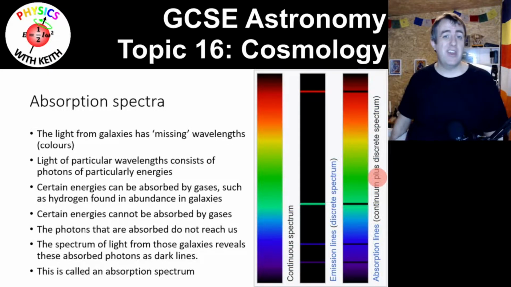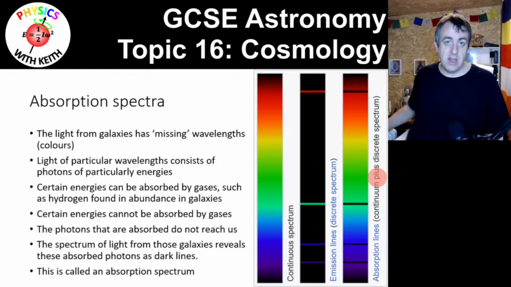Now, we can think of light as a stream of energetic photons, where the energy of each photon is directly proportional to the frequency and therefore inversely proportional to the wavelength of the electromagnetic radiation.